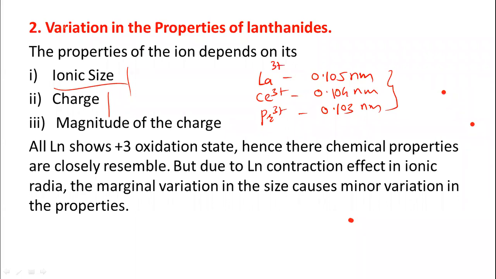But this is the one point where all the lanthanons can be separated from each other, because there is a marginal variation in the size, and this marginal variation in the size is due to the lanthanon contraction effect.